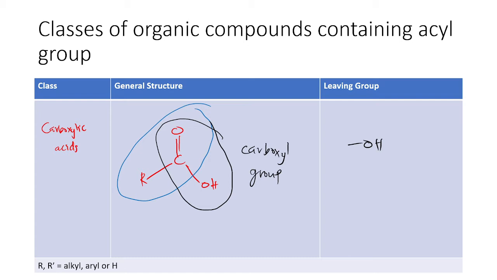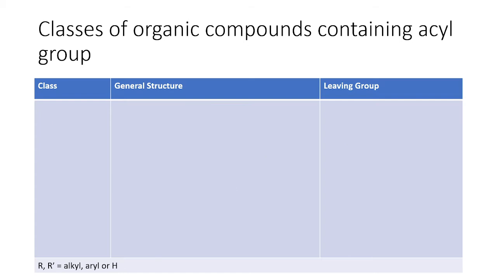compounds containing acyl group. And another compound bearing an acyl group is what we call our acid halides. For acid halides, parehas lang yun. Lagi lang yung merong acyl. So we have here this acyl group.